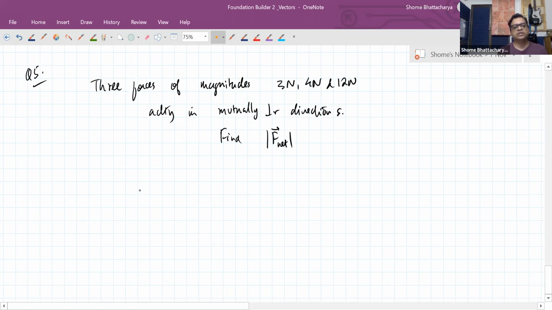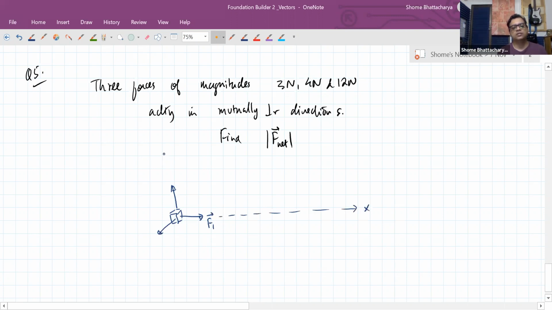Okay. So here we can make use of three-dimensional coordinate system. So what we can say, that if on a body like this, the forces acting are like this, they are mutually perpendicular. So let's say this is force F1 and is acting along the x-axis.